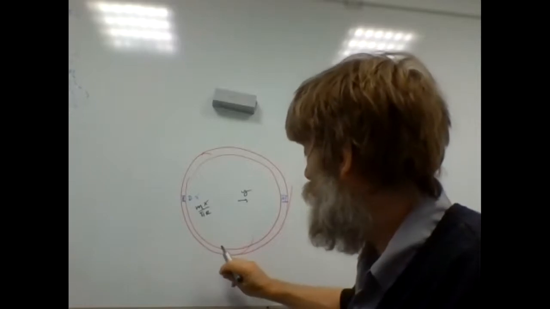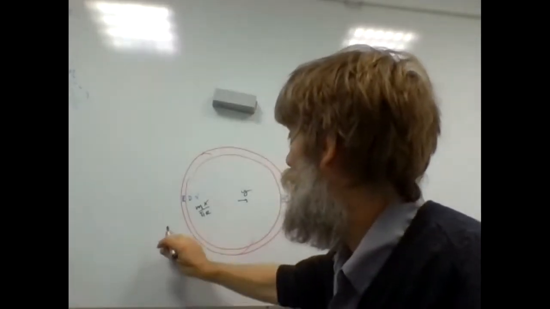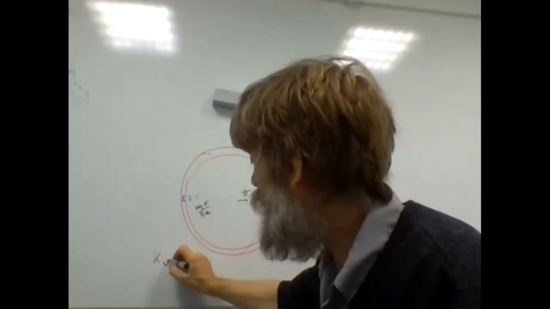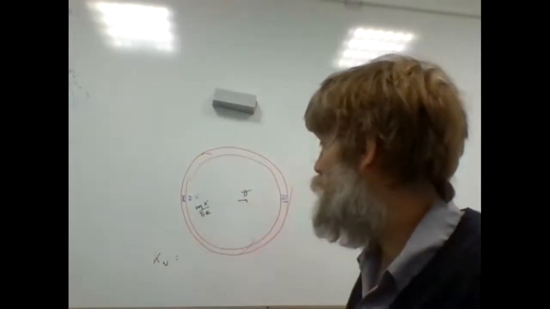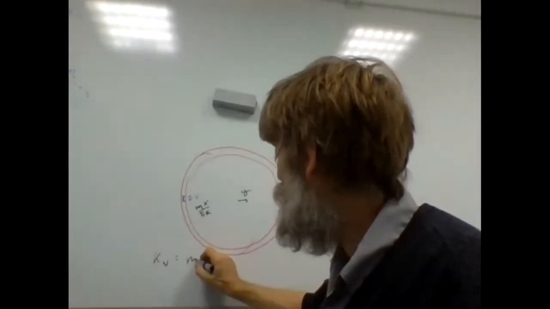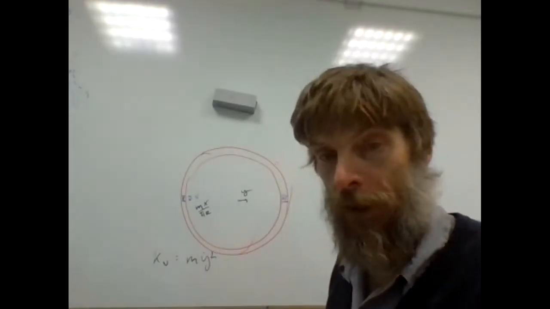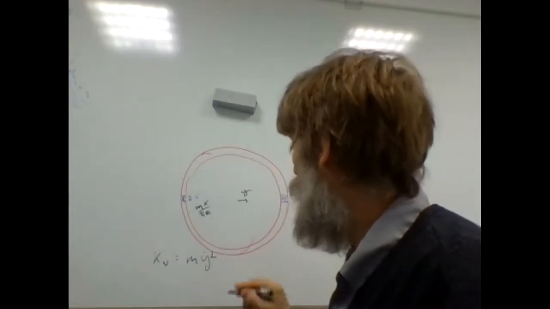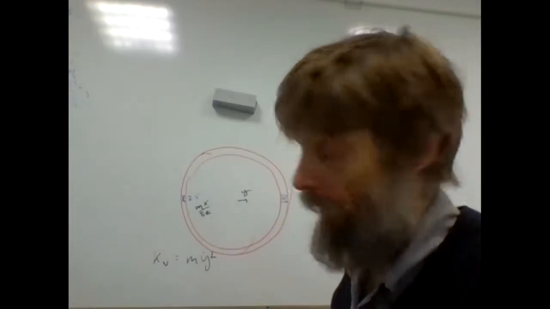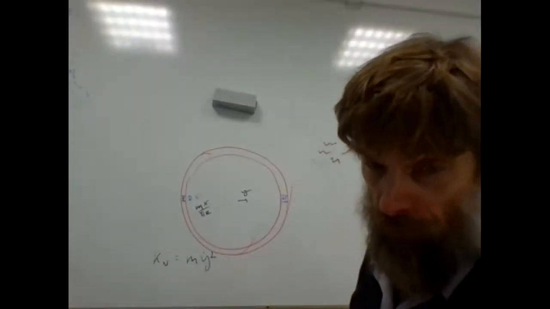What is easy actually is the kinetic energy of the wheel. Kinetic energy of the wheel is just because of rolling and because of y, and this is going to be m y dot squared, because the moment of inertia is m r squared. So if you calculate, you obtain m y dot squared as the kinetic energy of the wheel.